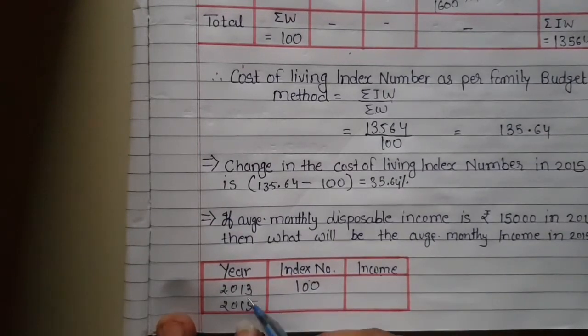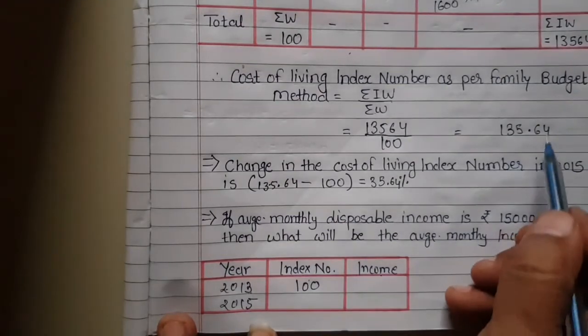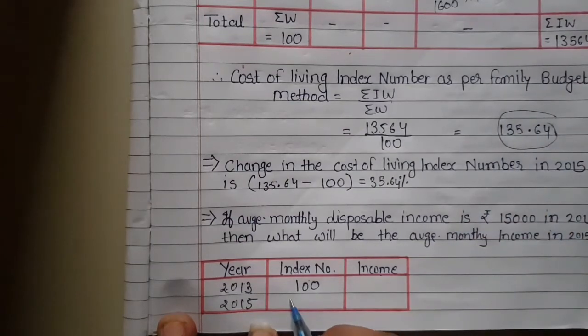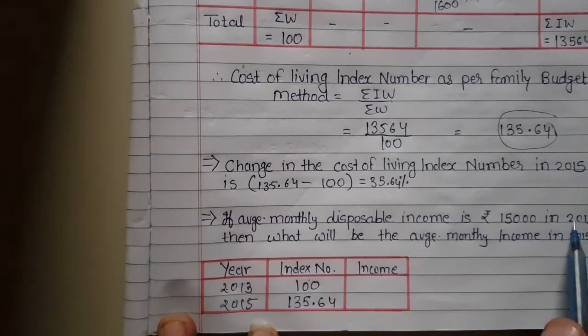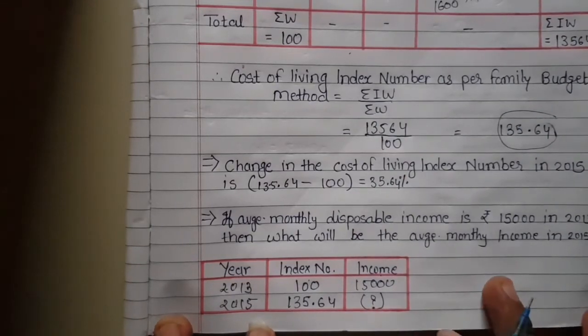We know friends that 2013 is our base year and 2015 is our current year. So index number for 2015 we have found, it is here, 135.64. So index number for 2015 we have, but index number for base year 2013 we don't have, so we will take it 100. Now the income given to us is for 2013, that is 15,000, and we have to find it for 2015.